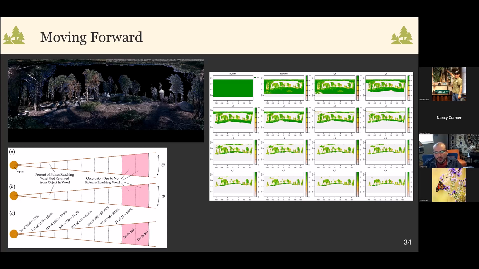So we're trying to build out methods where you can summarize the data using a spherical voxel space as opposed to a square voxel space, where you can keep track of the pulses and figure out what areas were measured, what areas weren't measured or were occluded, and where there are gaps where there were no returns, such as canopy gaps. So we're in the process of figuring out ways to do that.